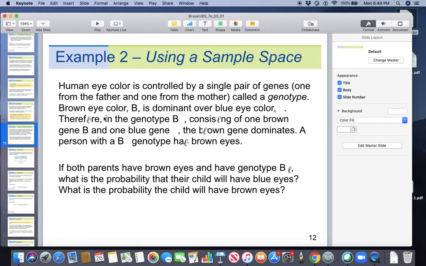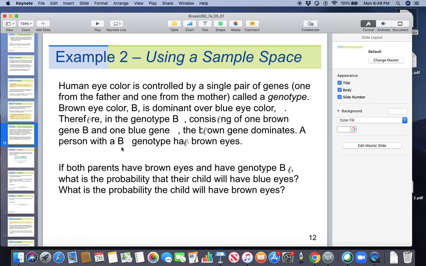Now here is another example. Human eye color is controlled by a single pair of genes, one from the father and one from the mother, called a genotype. Brown eye color B is dominant over blue eye color. Therefore, with a genotype consisting of one brown gene B and one blue gene, the brown gene dominates.